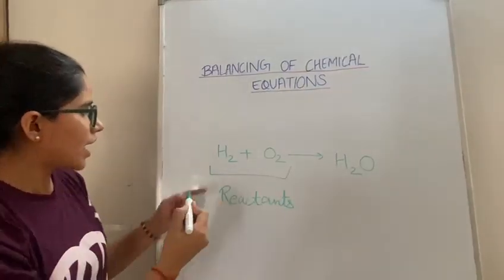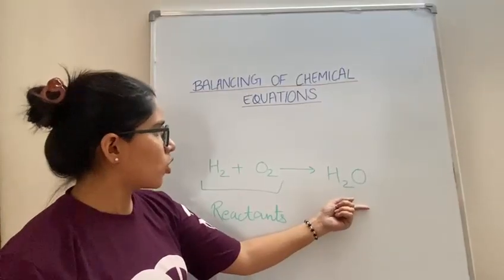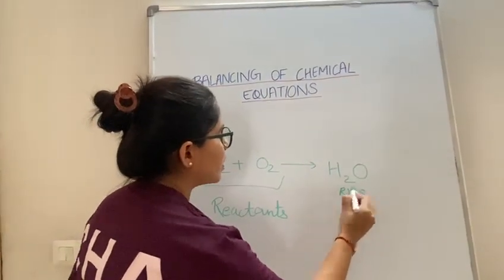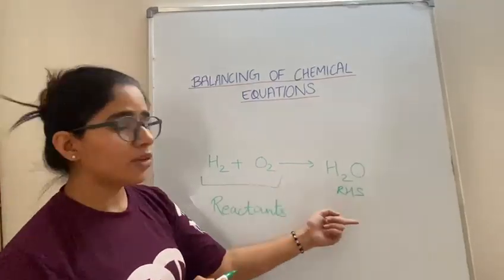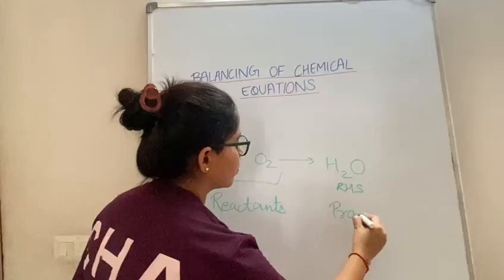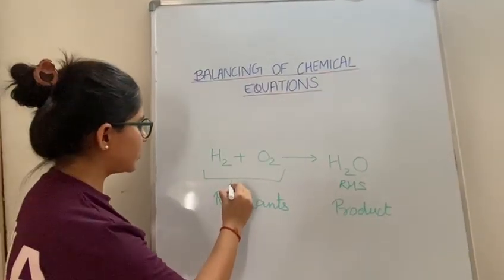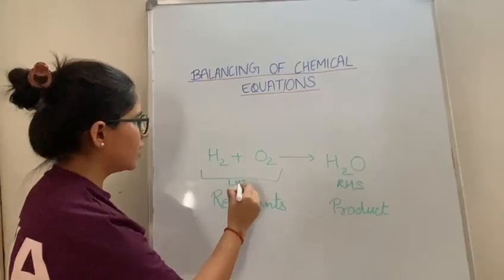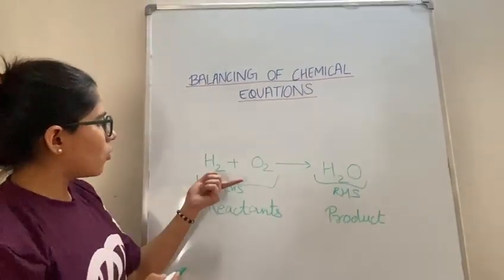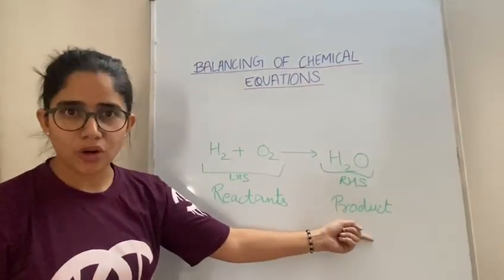So in this equation, hydrogen and oxygen are reactants, and things which are written on the right hand side, that is RHS, of this arrow are known as products. This is the left hand side, LHS, and this is the right hand side. So in this equation, hydrogen and oxygen are reactants and water is the product formed.